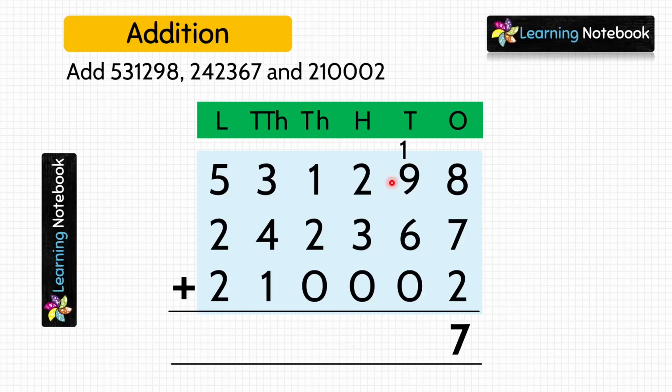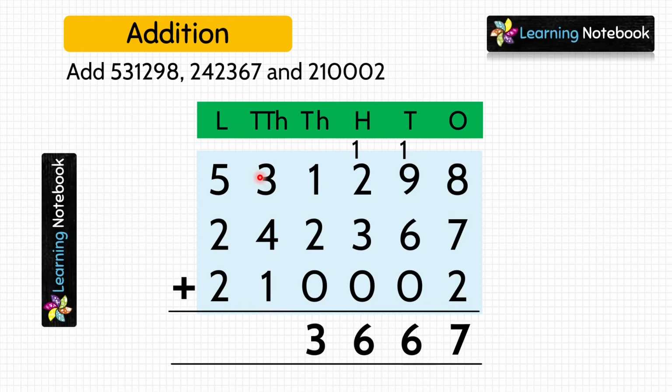Now add the digits at tens place and make sure to add this carry here. So 1 plus 9 equals 10. 10 plus 6 equals 16. Again, carry 1 to the hundreds place and write 6 in the answer. Next, let's add 1 plus 2 equals 3 and 3 plus 3 equals 6. Next, add 1 plus 2 which equals 3.